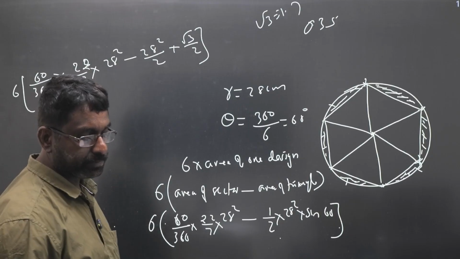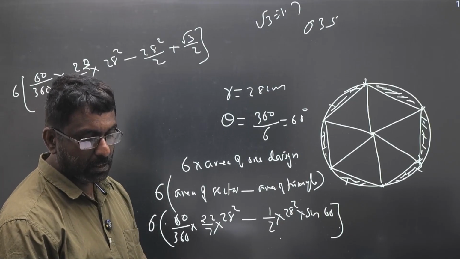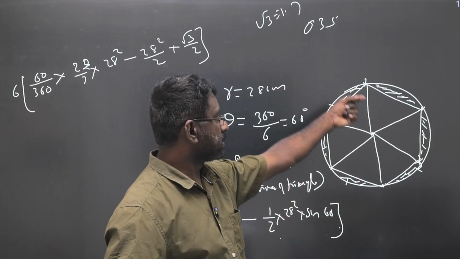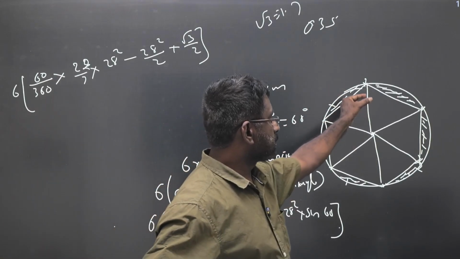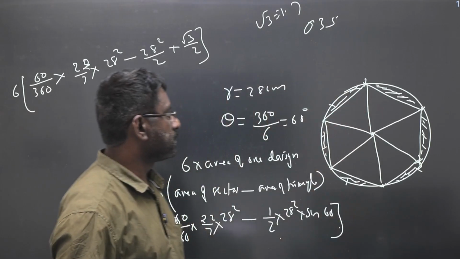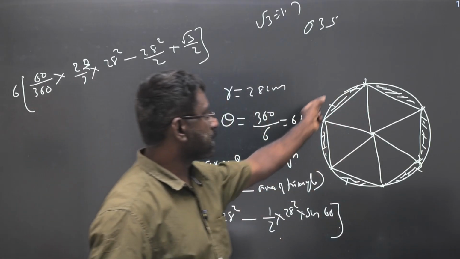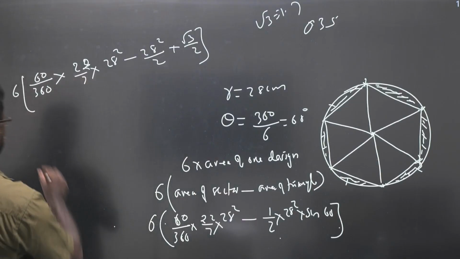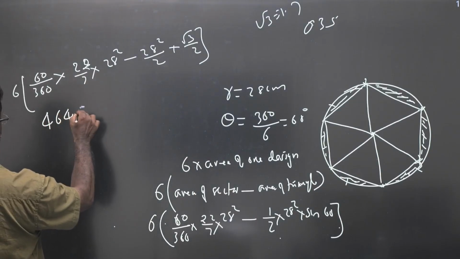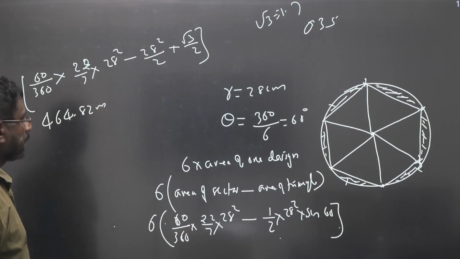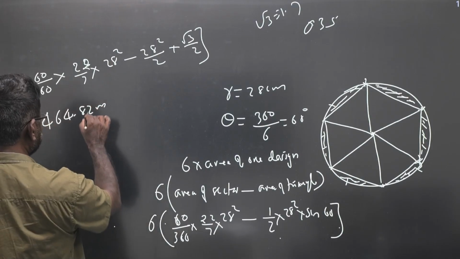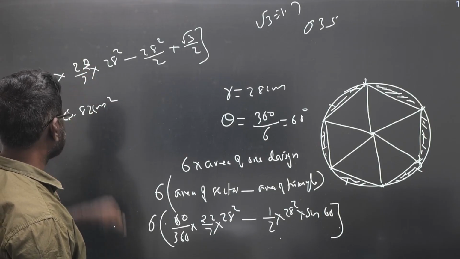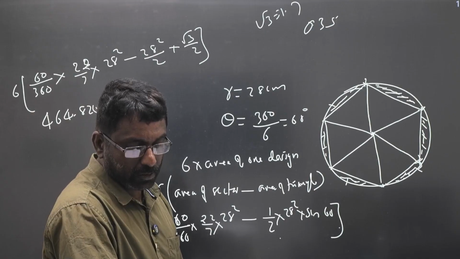At last, you will get the area of the 6 designs. That means 6 segments. 6 designs means 6 segments. You will get 464.82 centimeter square.